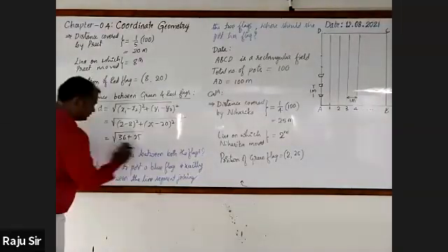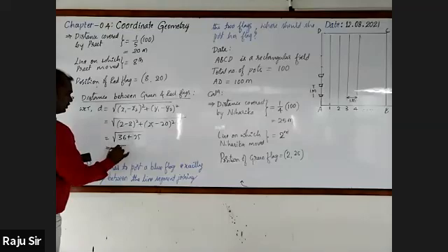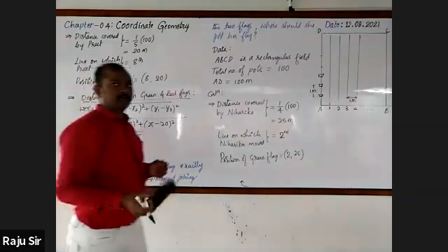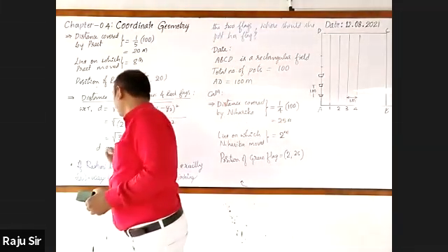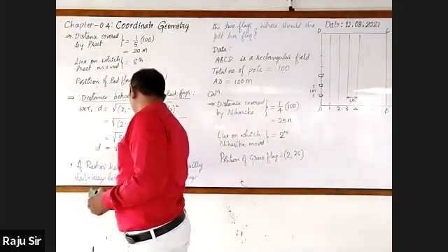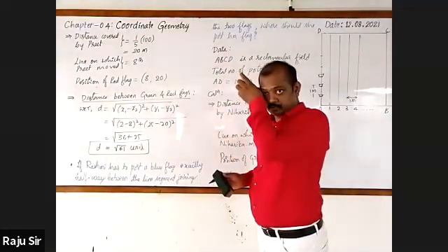Root 61. That is the distance. Now, let us write the conclusion. D equal to square root of 61 units.